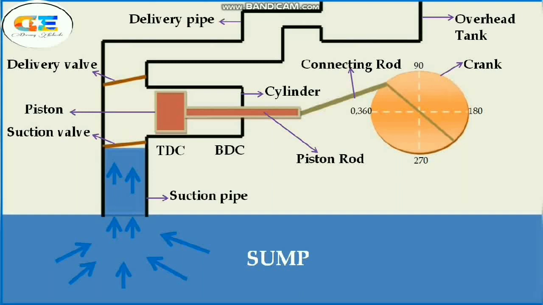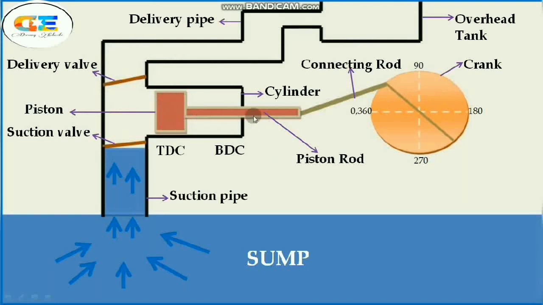The picture you are seeing on the screen right now is of the single acting reciprocating pump. I will tell you what parts are used in the construction of the reciprocating pump. This is the ground level, also called the sump level. This is a suction pipe. This is a suction valve. This is a delivery pipe, and this is the delivery valve.